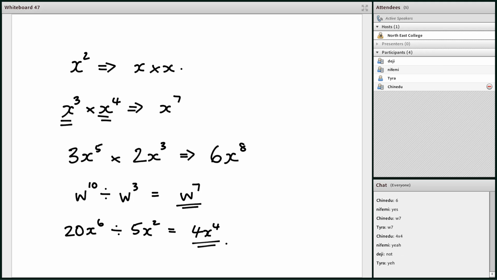What about if I had w to the power of 10 divided by w to the power of 3?